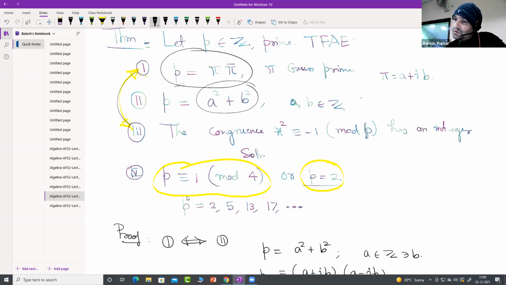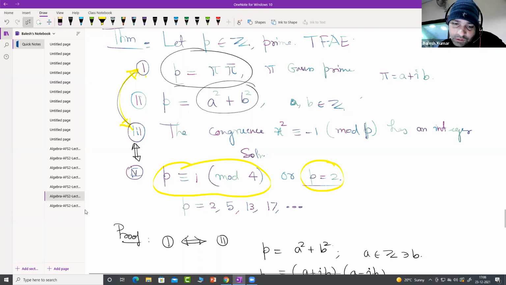We would like to prove that 3 implies 4 and 4 implies 3, and then it completes the equivalence in this theorem. The fourth one is easy, in a sense, to compute: the primes which are not Gauss primes are precisely the primes which, when divided by 4, leave remainder 1, or the prime p equal to 2.